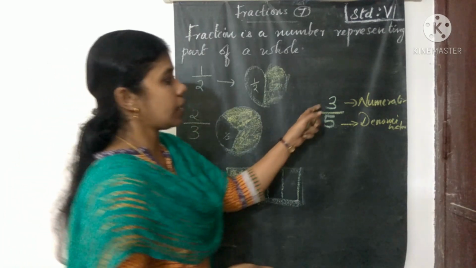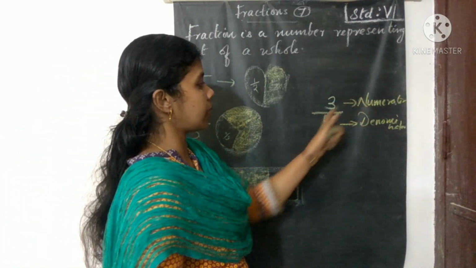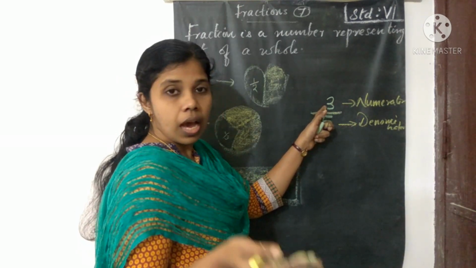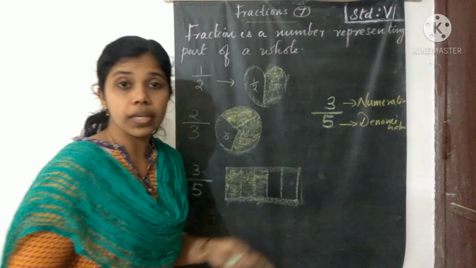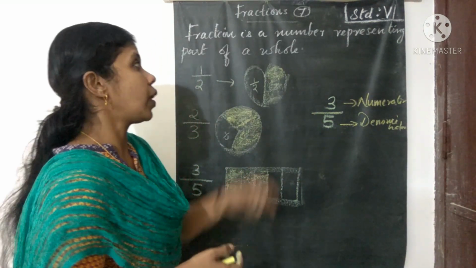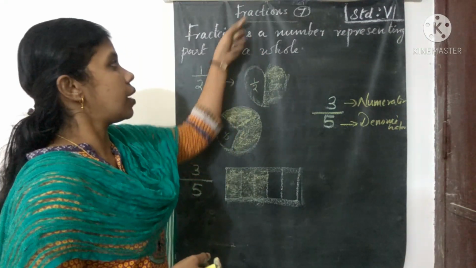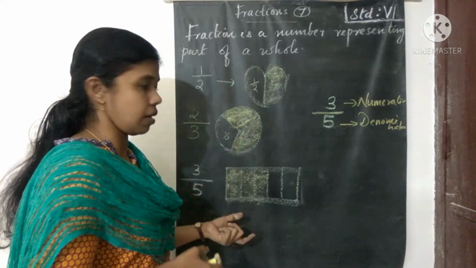In fraction 3 by 5, 3 represents numerator, 5 represents denominator. Numerator means how many parts we have taken. Denominator represents total number of parts. Perfectly clear. Introduction of fraction: write the chapter name, then the definition, and examples also.